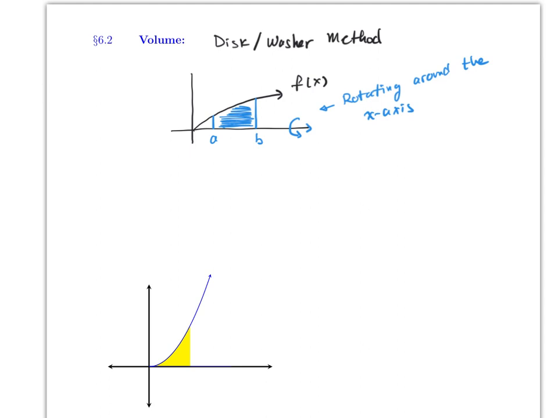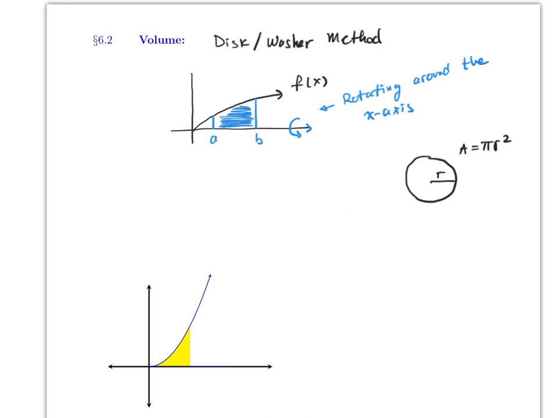Now here the idea is we're going to use the area of a circle. Remember, you have a circle and you have a radius r, and the area is equal to pi r squared. Why is this important?